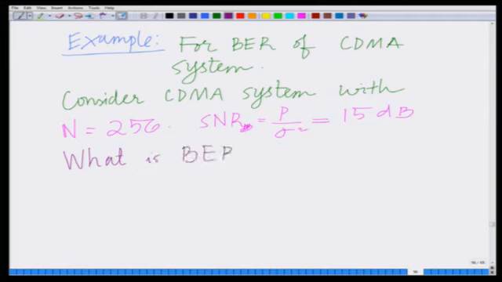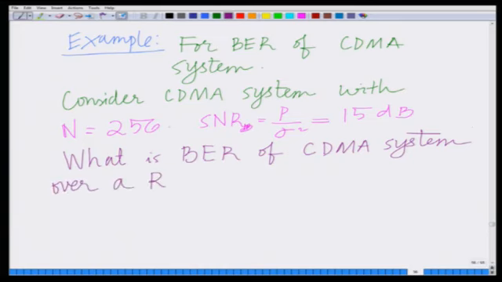What is the bit error rate of the CDMA system over a relay fading channel?